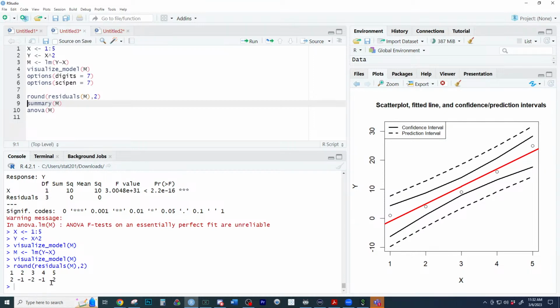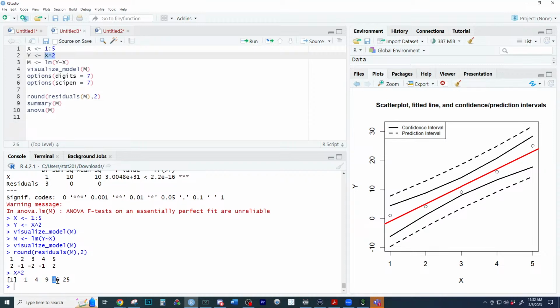When you see the 2 right here, that means this point is 2 above the line. When you see the negative 1 right here, that means this point is 1 below the line. Like that distance of the line and the point is 1 below the line. So if we knew the observation of this, let's go find out. The observation is 16.